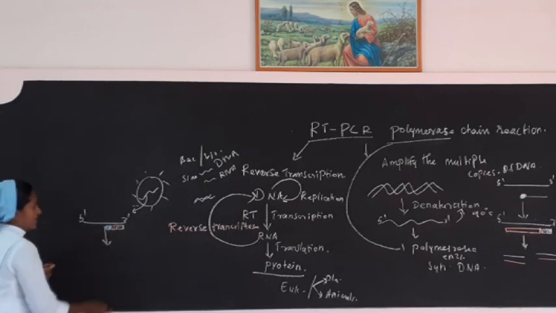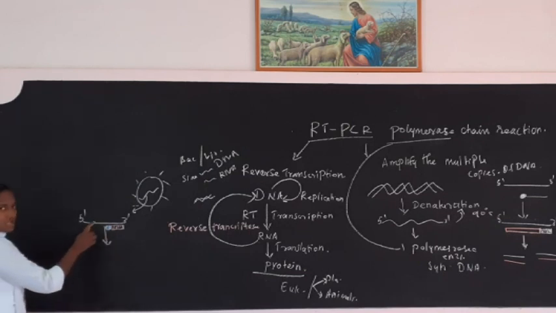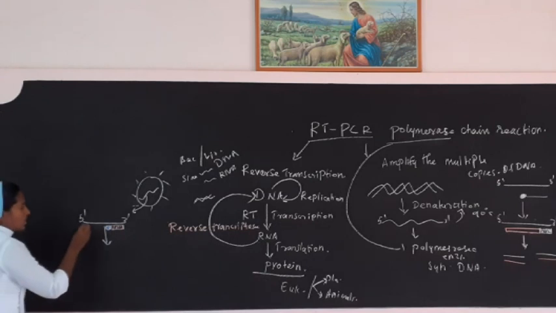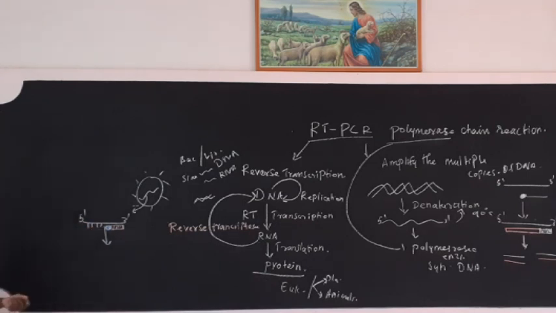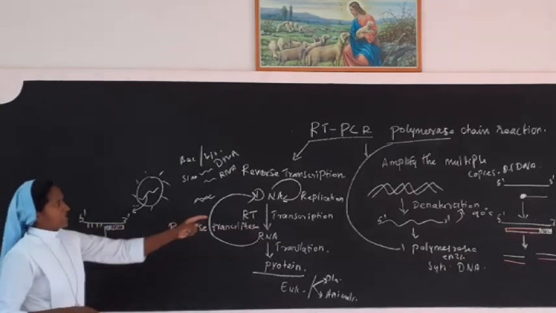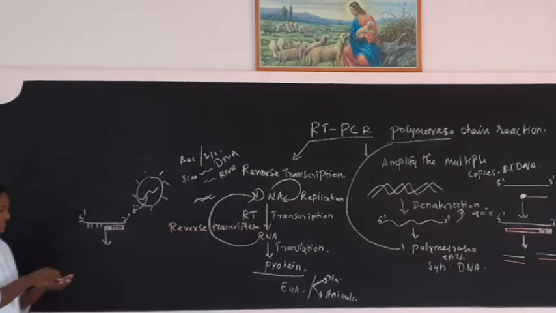So the primer anneals to this RNA, because now this RNA has got the sequences. Now you should understand what sequences are. Both RNA and DNA have got sequences.